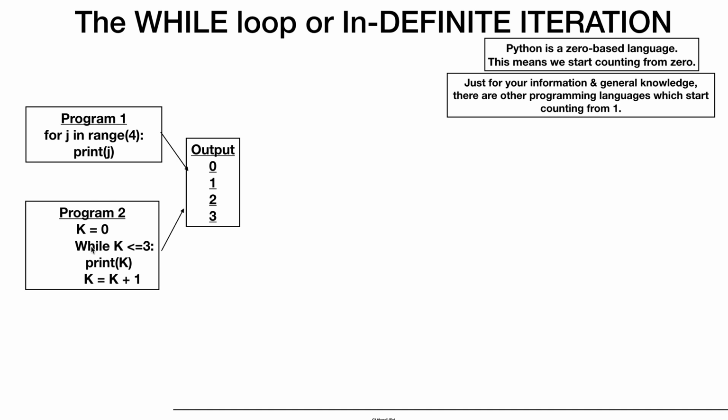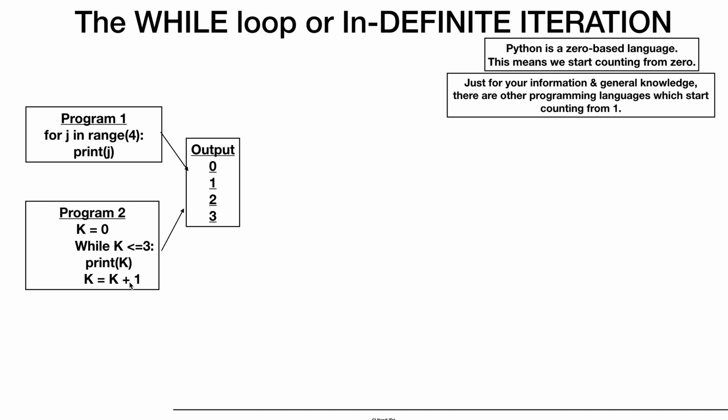Go round the loop again. While k is less than or equal to 3, well, k is 2, so 2 is less than or equal to 3. So these two statements are executed again. Print k, printed 2, let k equals k plus 1, k becomes 3. Go round the loop again. While k is less than or equal to 3, well, 3 is less than or equal to 3.